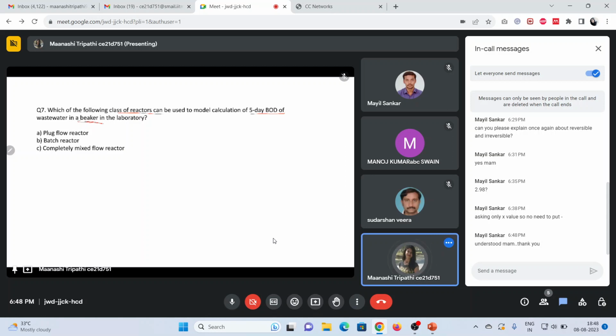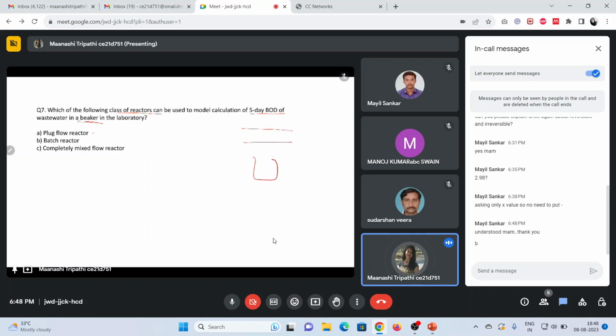Plug flow like this, batch like this, or completely mixed with inflow and outflow. So this is A, this is B, this is C. Yes, very good. So the option is B.